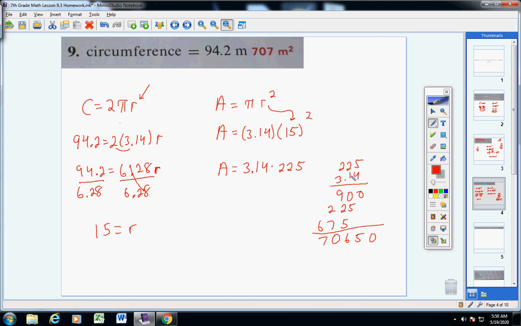And go over 2 decimal places, and that's your answer. Now, yes, they rounded to a different place, but that's fine. I don't care really which answer you use. That's totally up to you. Okay? But there's your answer. Not too bad.